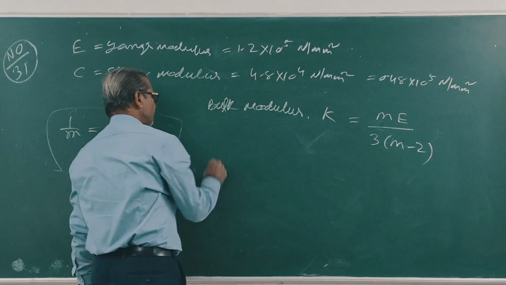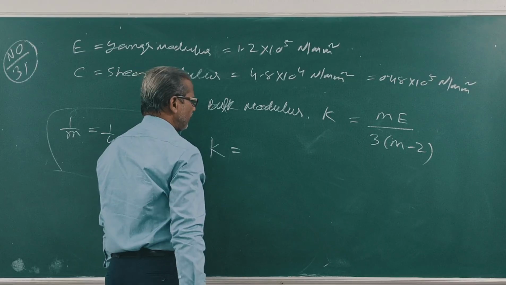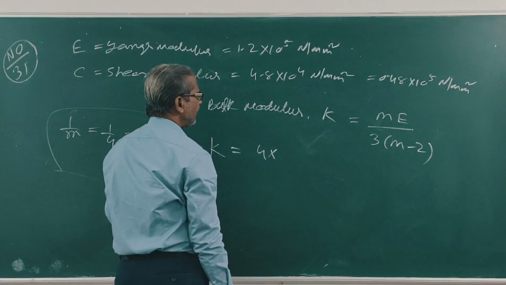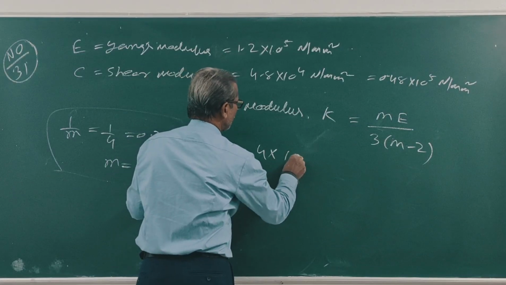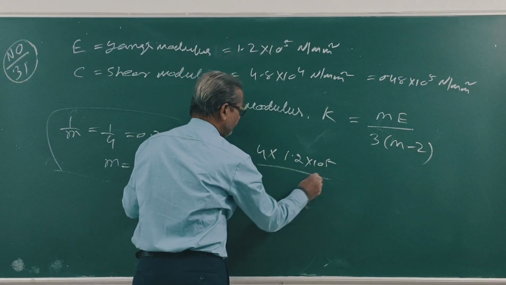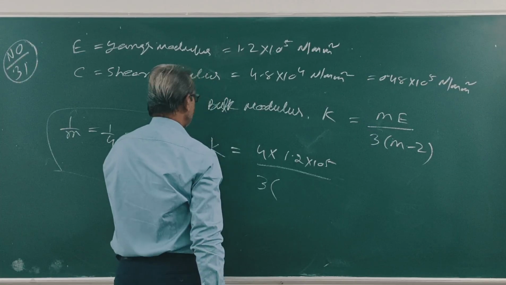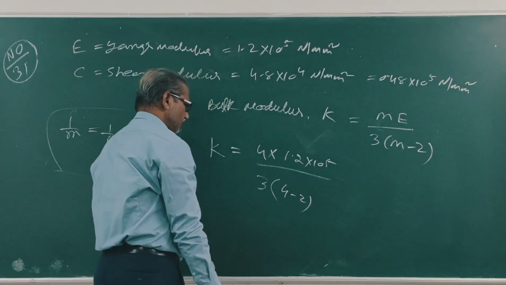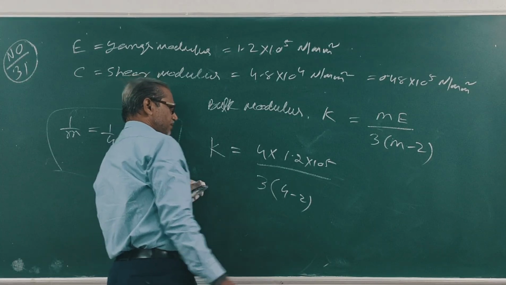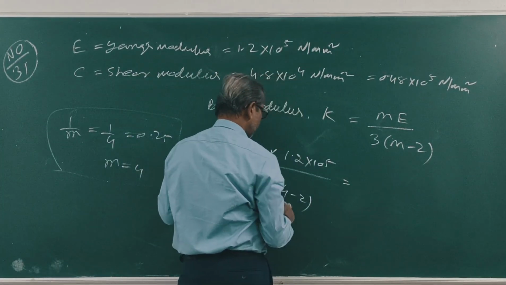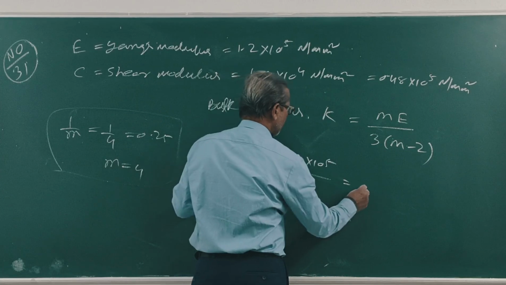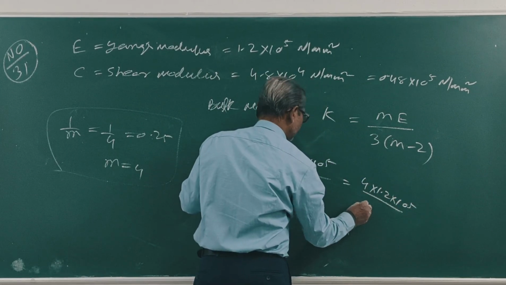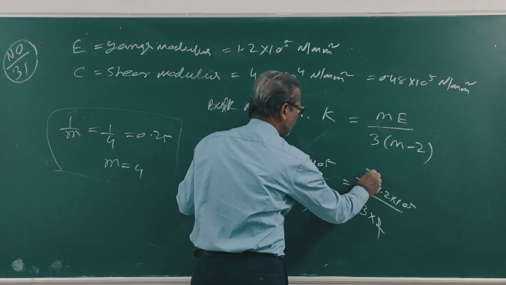So K is equal to ME, what is M? 4 into E, 1.2 into 10 to 5 by 3 into M minus 2, 4 minus 2. This is equal to 4 into 1.2 into 10 to 5 by 3 into 2, 2 by 3.